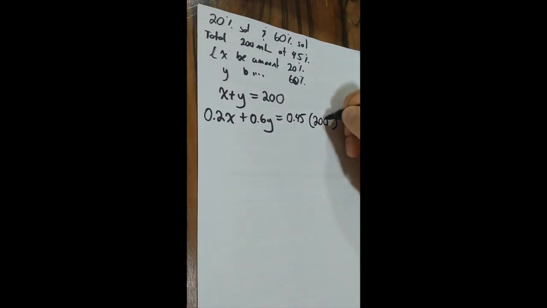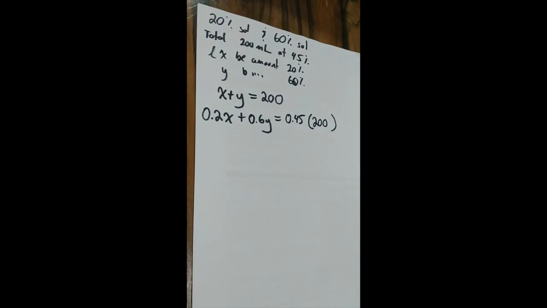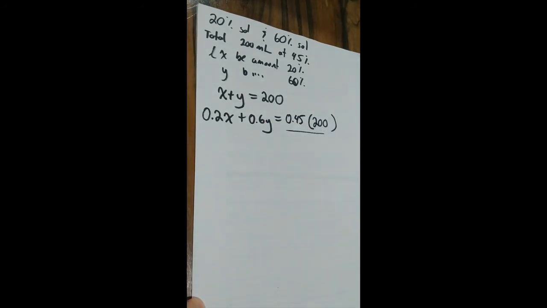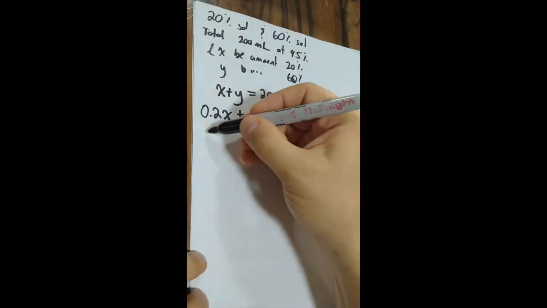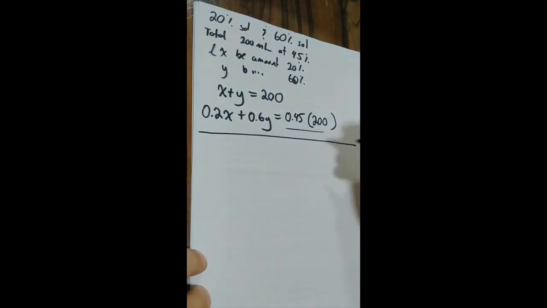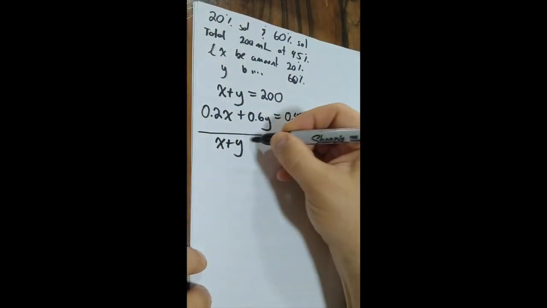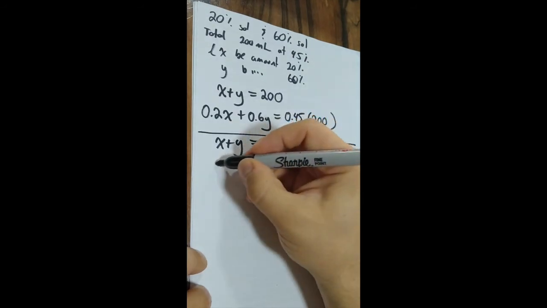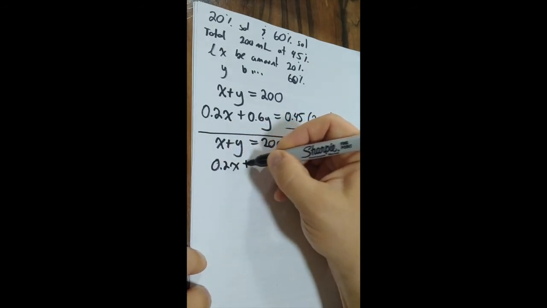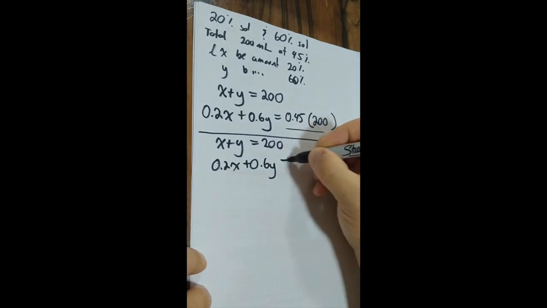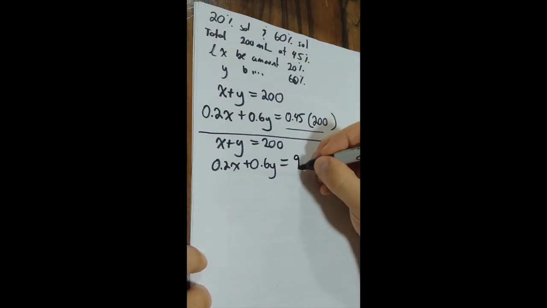200 mL. We can do some basic calculations here, so let's get that down to a numerical value. 0.45 times 200 is going to give us 90. So we can rewrite the equations: X plus Y equals 200, and 0.2X plus 0.6Y equals 90.